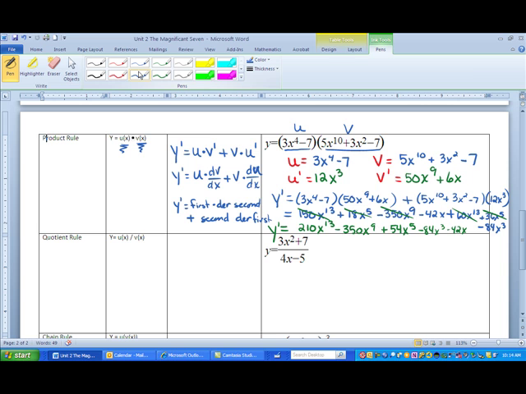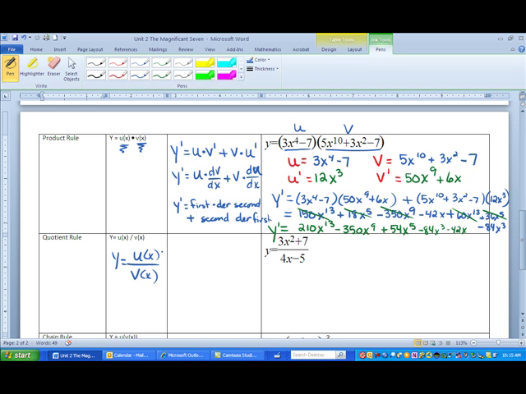The next one is the quotient rule. And the quotient rule is similar to the product rule, but a little bit different. The key here is for your function that u is on top and v is on bottom. So when we reference u and v, u is the one on top.